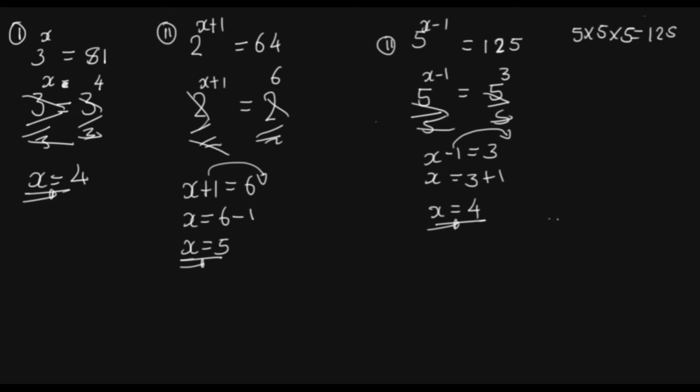Now let's look at if we have an unknown base. Okay, so for example, we get the first example, 5 x raised to the power 2 is equal to 45. Then number 2, we look at 6x raised to the power negative 3 over 2 minus 162 is equal to 0.